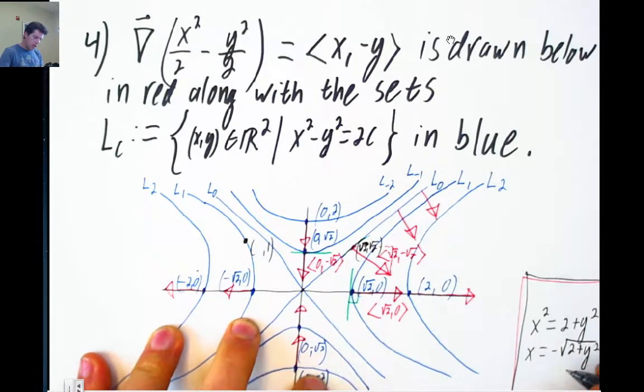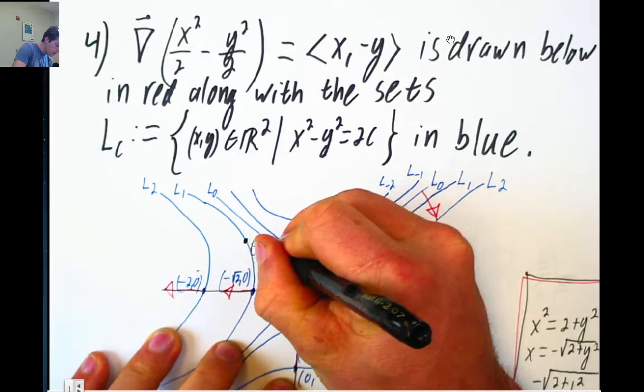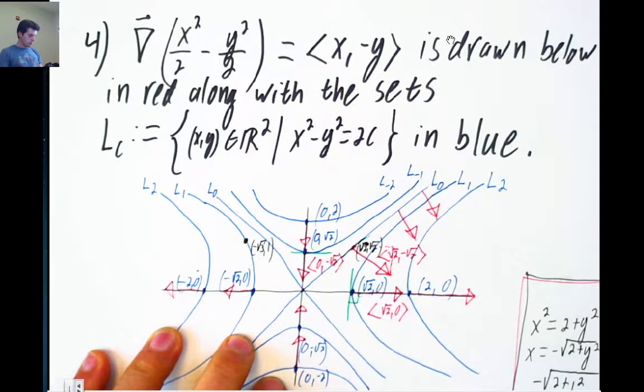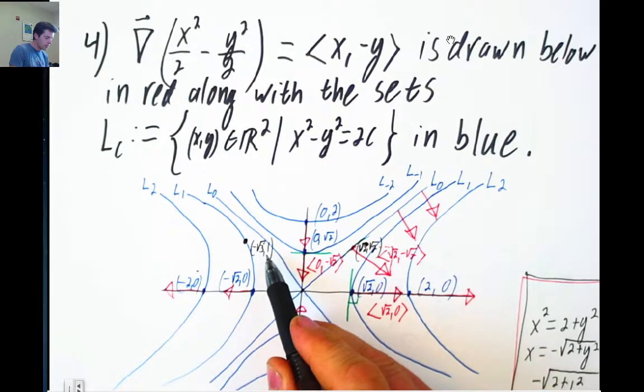We're going to be looking at the negative of the square root of 2 plus 1 squared, which is the negative square root of 3. So interesting. Negative square root of 3 will be the x coordinate corresponding to that y coordinate right there.